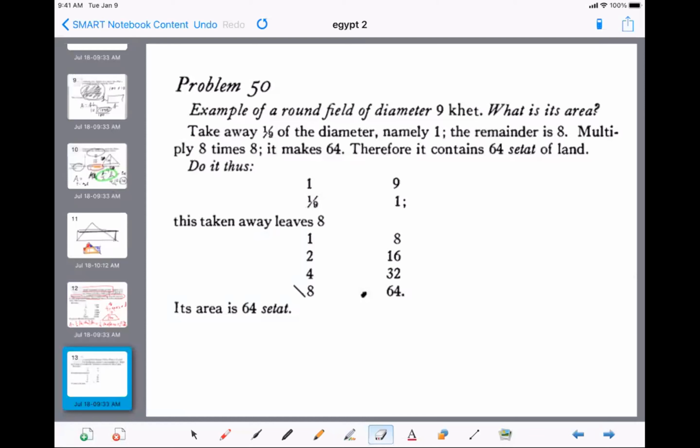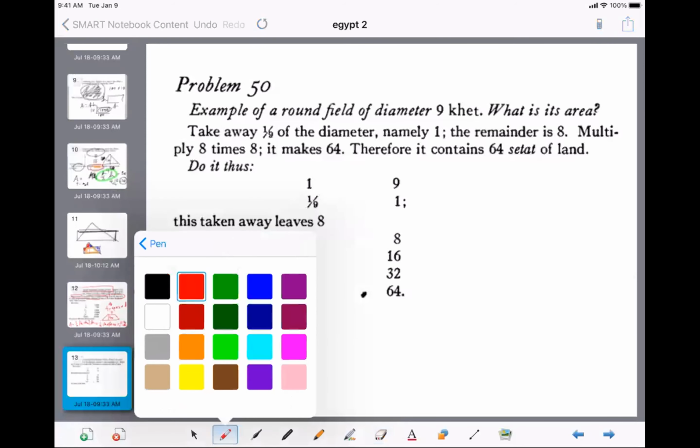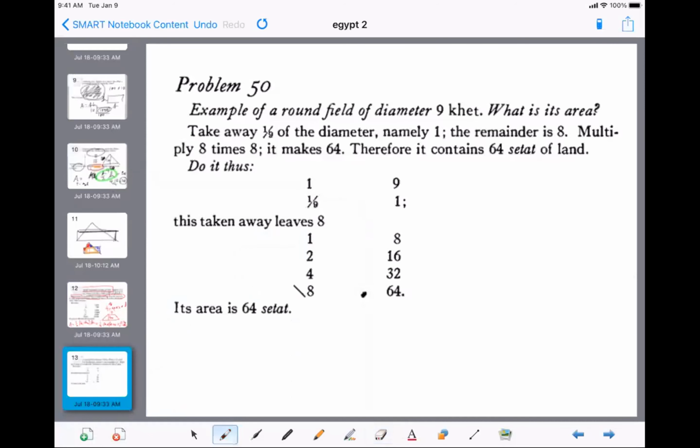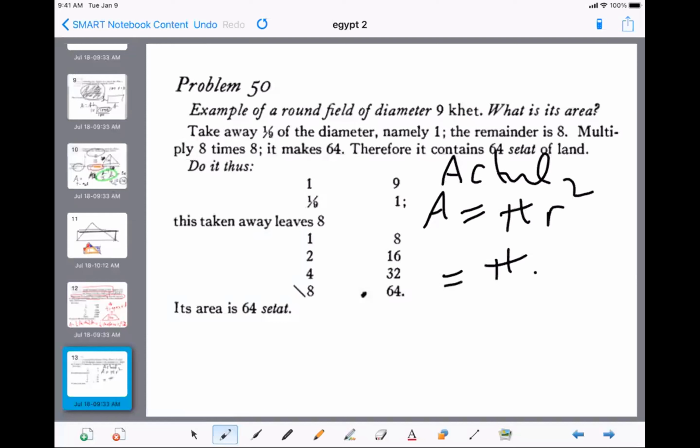So this is big. This is like a huge moment in Egyptian math. Nowadays, we know the actual area is pi r squared, which in this case is pi times 4.5 squared.